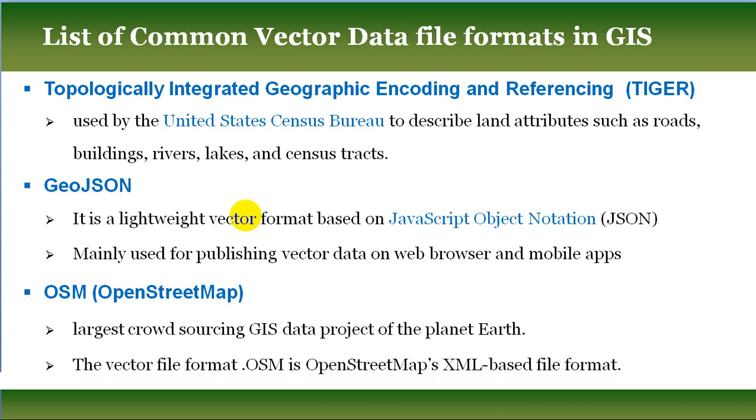The vector file format is .osm. It is OpenStreetMap's XML based file format we use. Very popular free data. If you download from their site, you will get the data in .osm format.